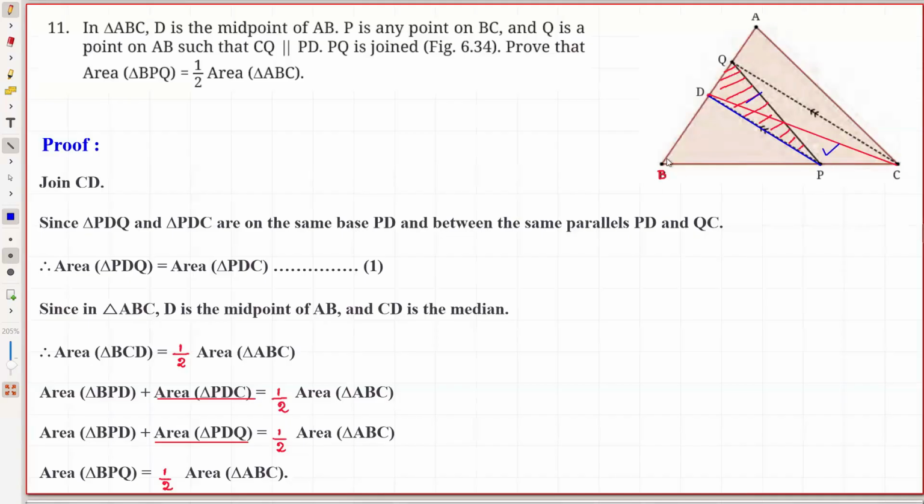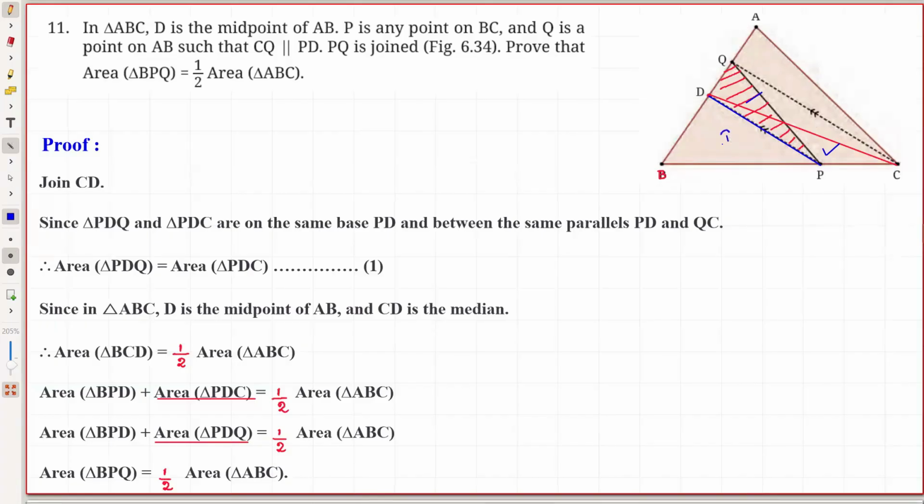Now again, according to the median concept, the median of the triangle divides the triangle into two equal areas. BDC is going to be half of the triangle ABC. BCD is divided into two triangles: this is the first triangle and this is the second triangle.